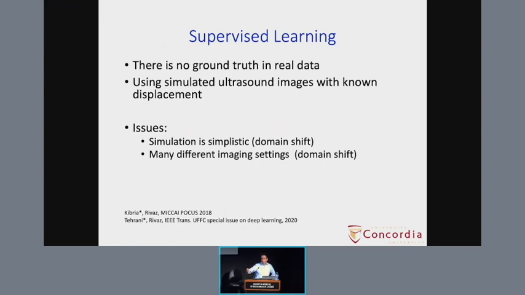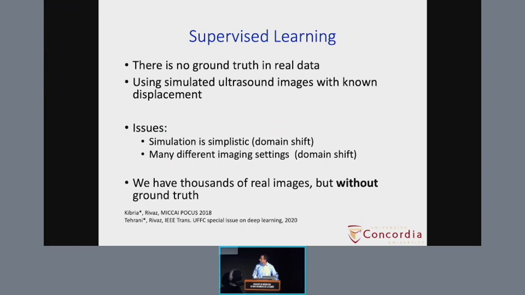It has many knobs that you can turn, based on the organ that you're imaging. So it's practically impossible to train under all of those different imaging settings. So basically the point is that there's lots of ultrasound data, but we don't have the ground truth of those images. We don't really know what the ground truth deformation is in those images.